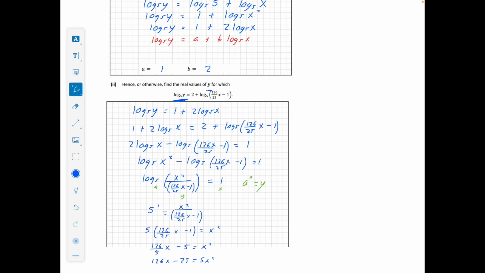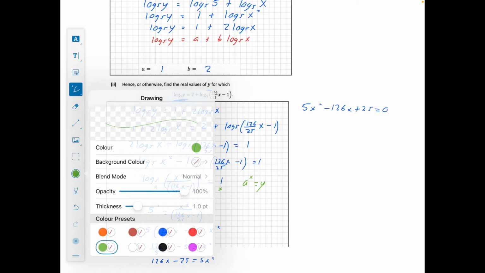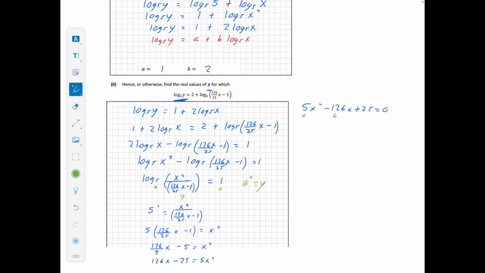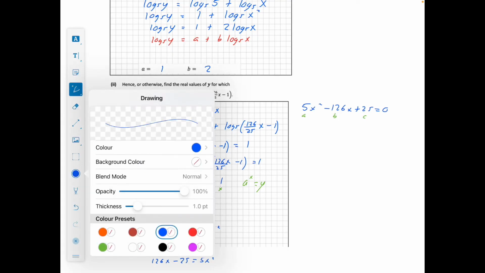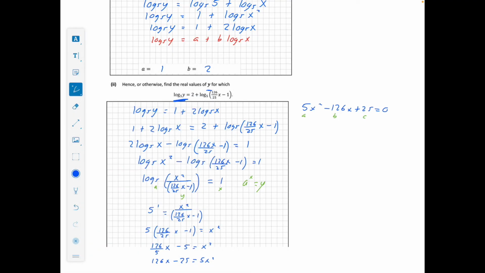Now, this to me looks like a quadratic because I have an x squared, x and a number. So we're going to write it as a quadratic. Just go up here to the right hand side. So it'll be 5x squared minus 126x plus 25 is equal to 0. Now, it is probably possible to solve this using factorising, but I'm just going to use the minus b formula.